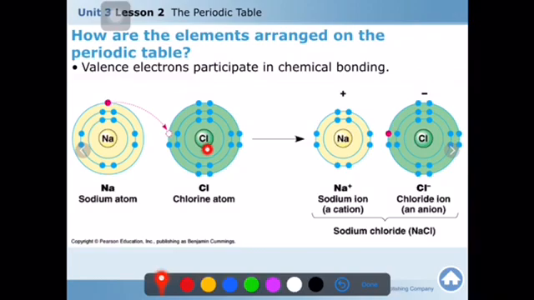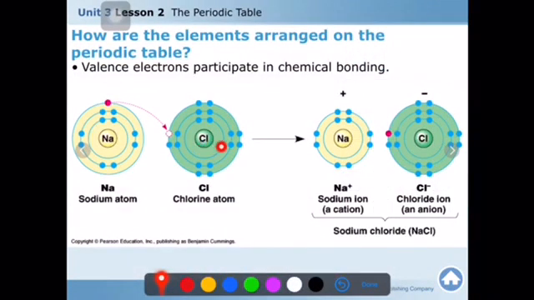Okay, the chlorine atom over here has 7 valence electrons, right?